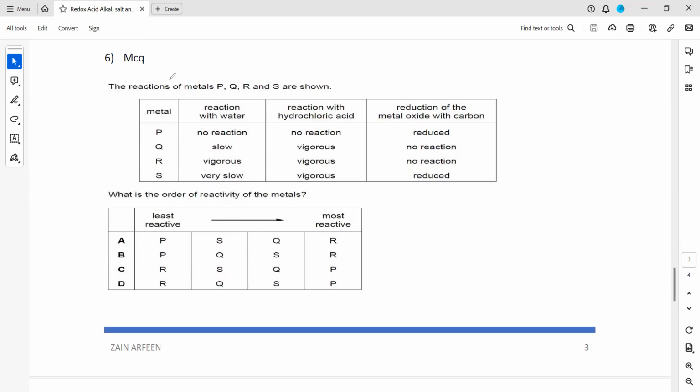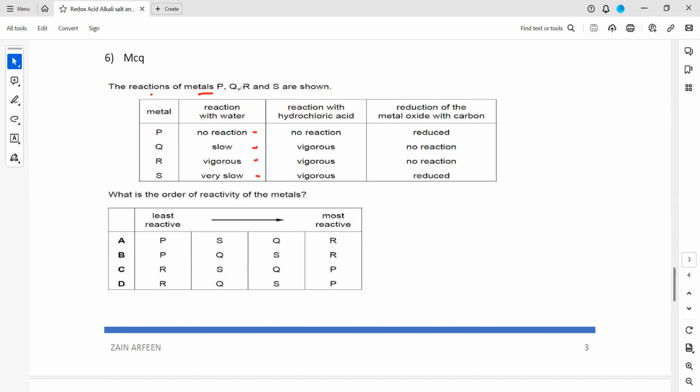In question 6, the reactions of the metals P, Q, R, and S are shown. We have to state the order of the reactivity of these metals from least reactive to the most reactive. So first, when you check P with water, there is no reaction, slow, vigorous, and very slow.